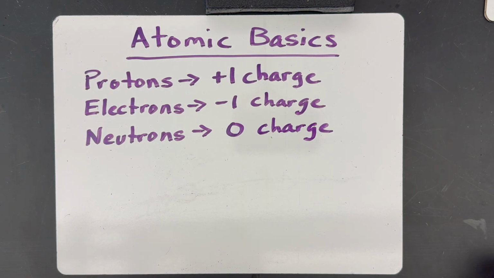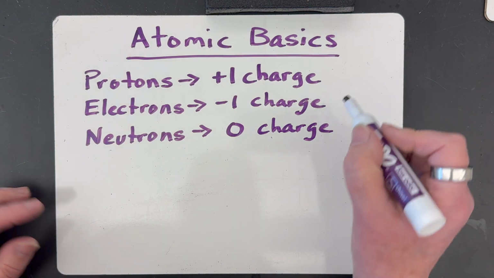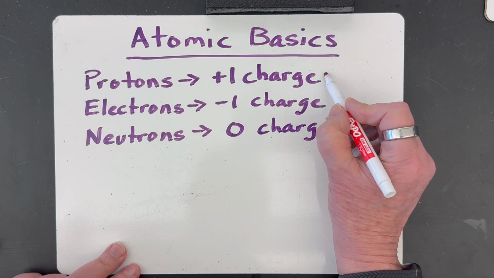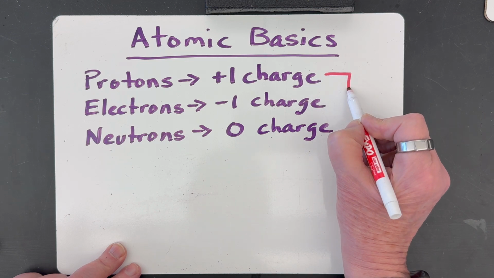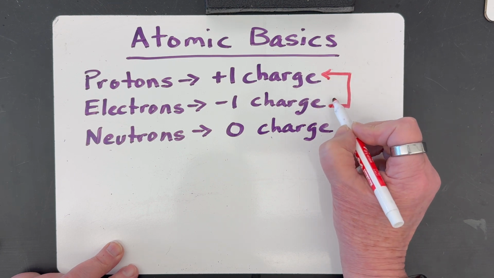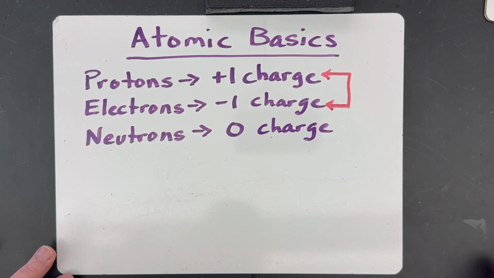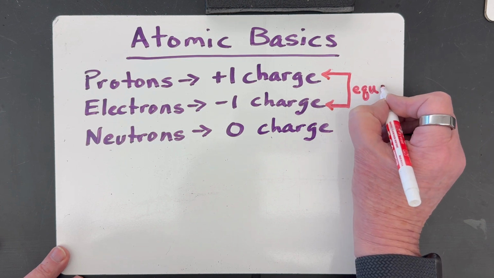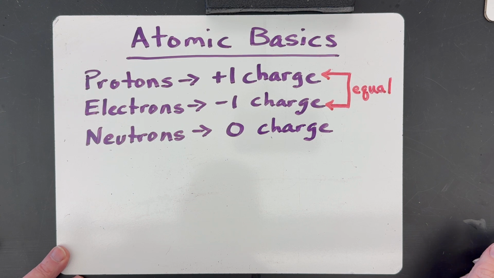Now, if we're talking about neutral atoms, not ions, then our number of pluses and our number of minuses have to be equal so that our overall charge comes out to be 0. So our protons are pluses, our electrons are minuses, so these two parts of an atom have to be equal if the overall charge is going to be 0.